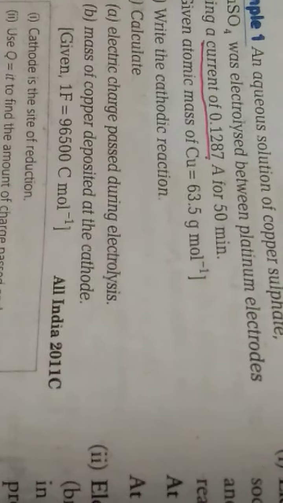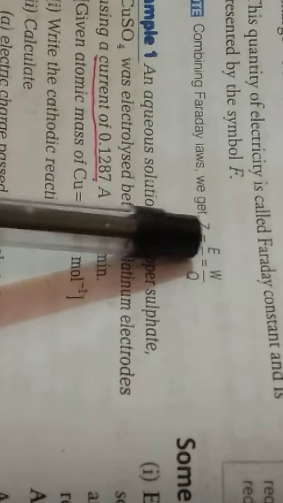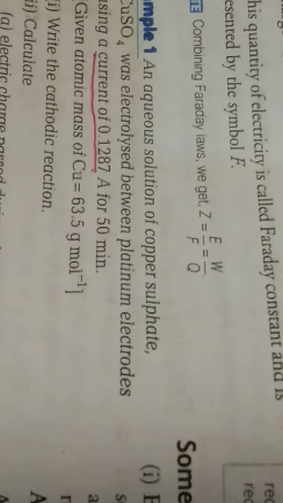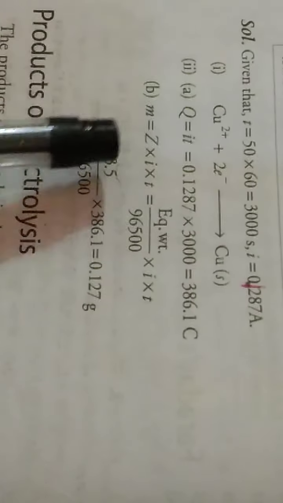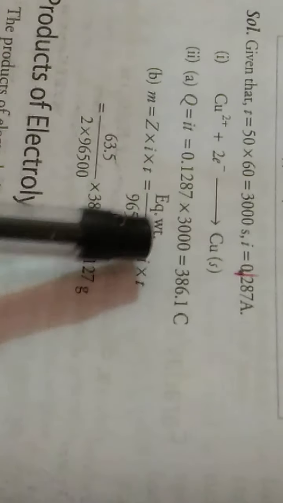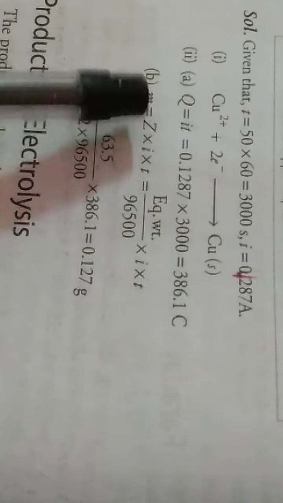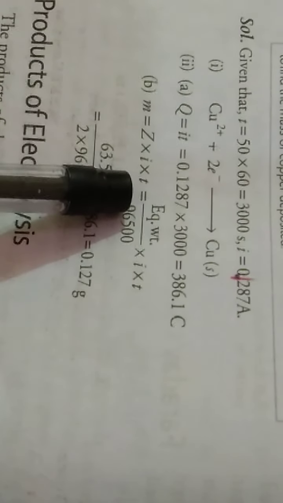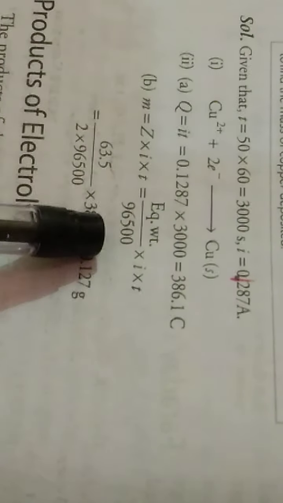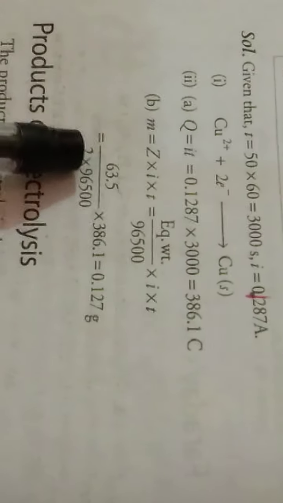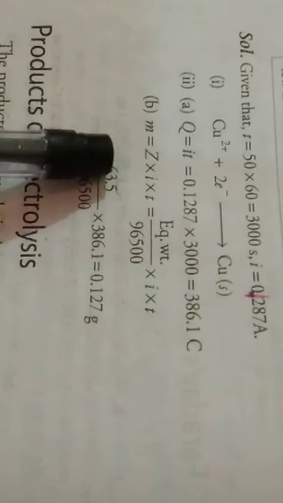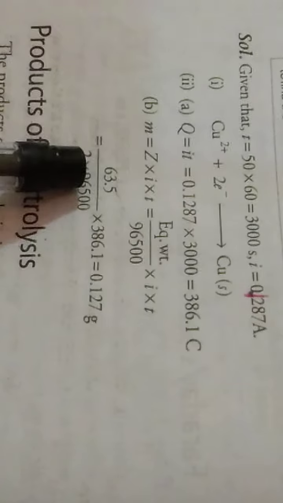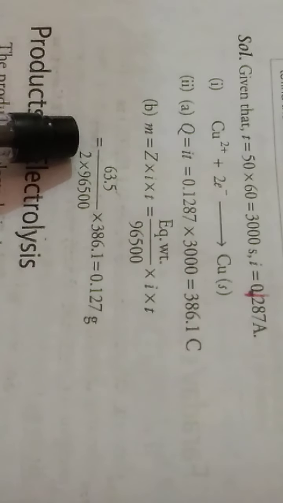Just now I have told you here, children, Z is equal to equivalent weight upon Faraday's constant. So we have kept this formula over here. So m is equal to ZIT, where I we know, T we know, and Z is equivalent weight upon 96500. Equivalent weight is equal to atomic mass divided by the valency or the charge.